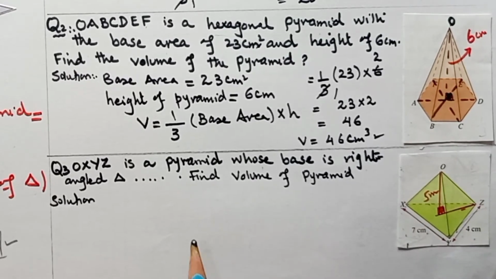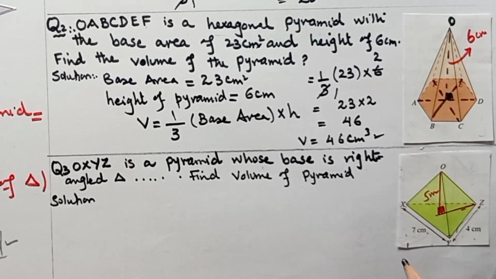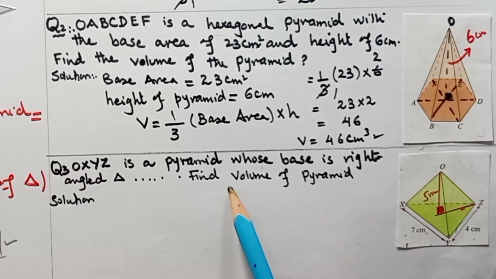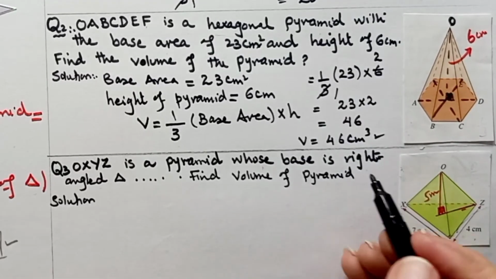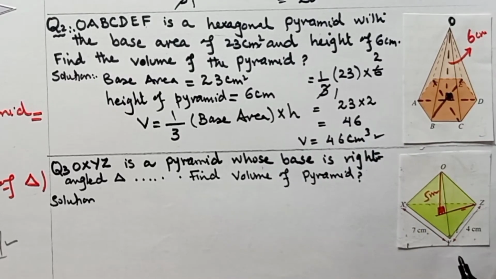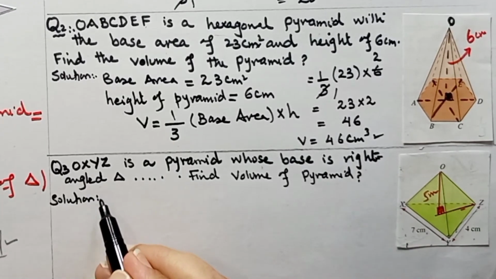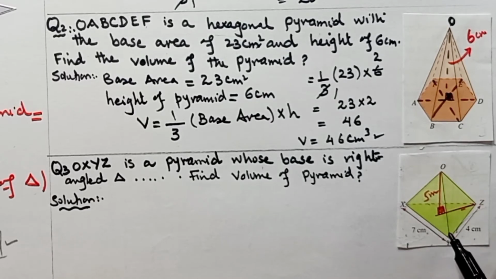If we compare this question with the previous two questions, the requirement of all three questions is to find the volume of pyramid. But in the previous two questions, base area was already given. But in this question, base area is not given. So first of all, we have to find the base area.